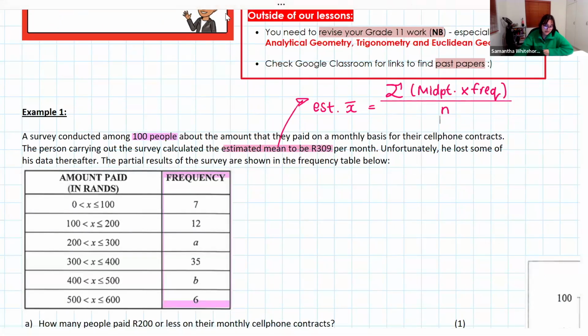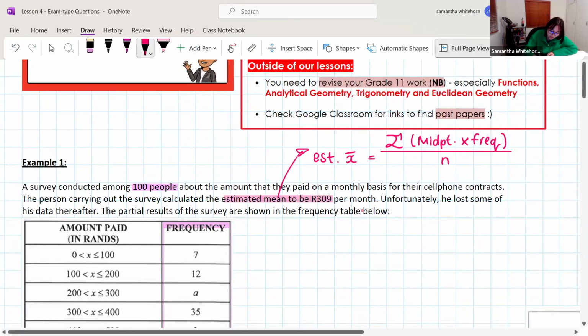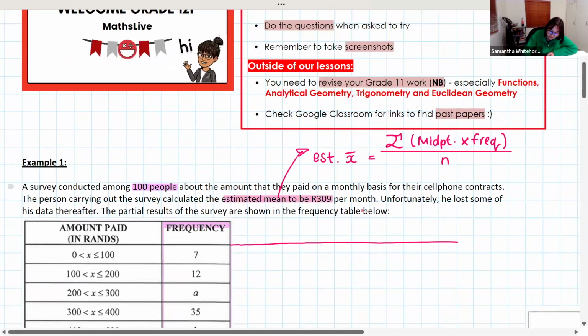Now, this takes us back to, like I say, probably grade 10, where we worked out the estimated mean of grouped data. So I'm just going to extend and add to my table here.